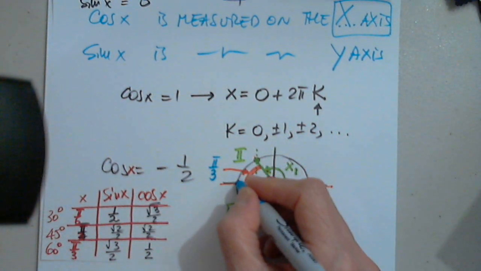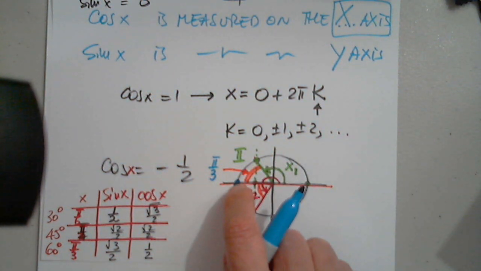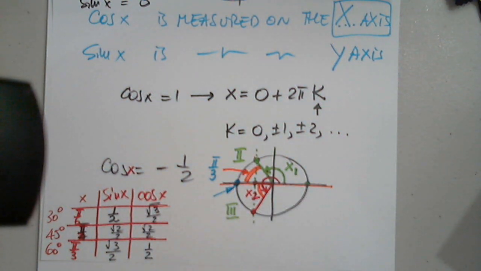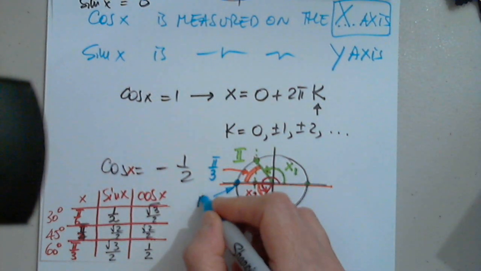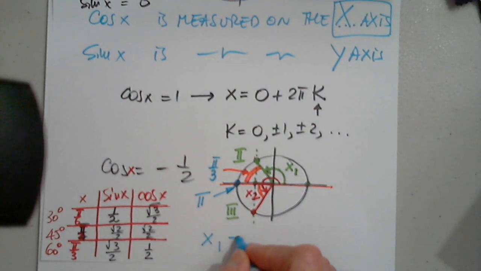Good. What angle is this? From here, here. 180 degrees. Very good. Or pi. Excellent. So now can anyone tell us how to calculate x1?